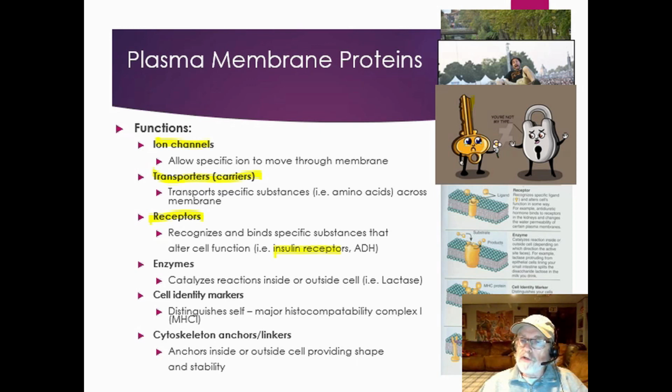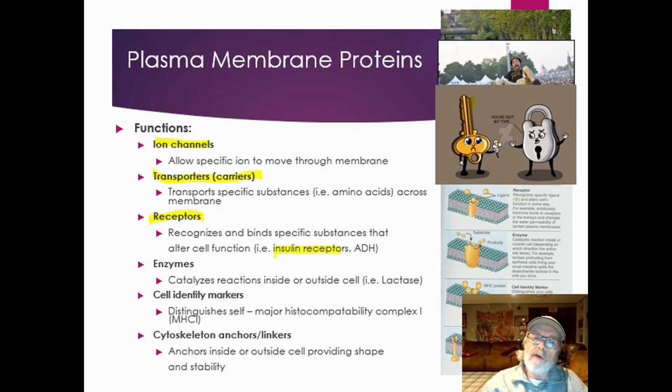On the surface of cells, there will be a receptor for insulin. Once insulin binds to an insulin receptor, which is a protein on the surface of the cell, it allows a process by which glucose can go from the outside, the extracellular environment, to the inside, the intracellular environment. So that's what we call a receptor.